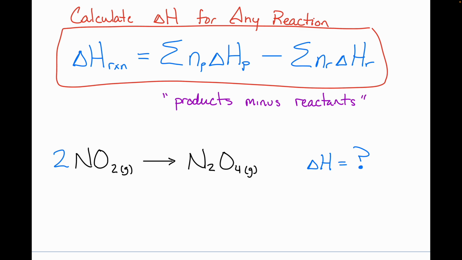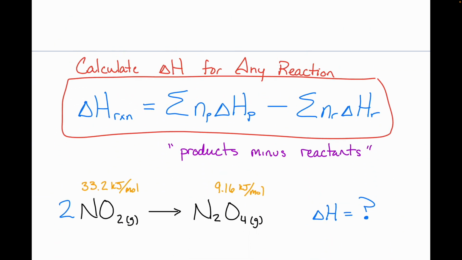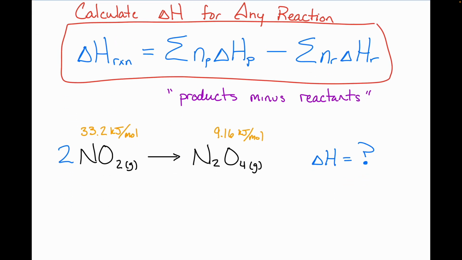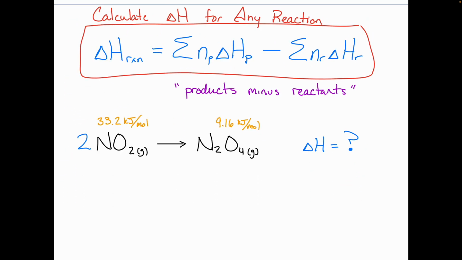So I'm just going to note right here, 33.2 kilojoules per mole. For the N2O4, that was that 9.16 kilojoules per mole. And now we're going to use our formula here, our products minus reactants. And again, we're going to remember to multiply by our stoichiometric coefficients.